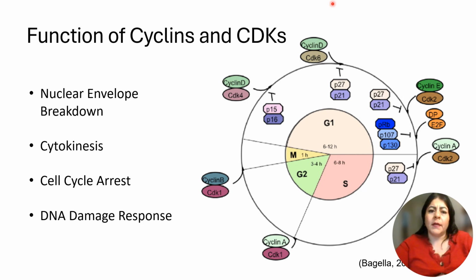Unphosphorylated pRB will bind to the transcription factor E2F, and it prevents the transcription of genes required for DNA synthesis, and it halts the cell cycle in the G1 phase. Upon phosphorylation by cyclin E CDK2, pRB releases E2F and enables the progression from G1 to S phase.